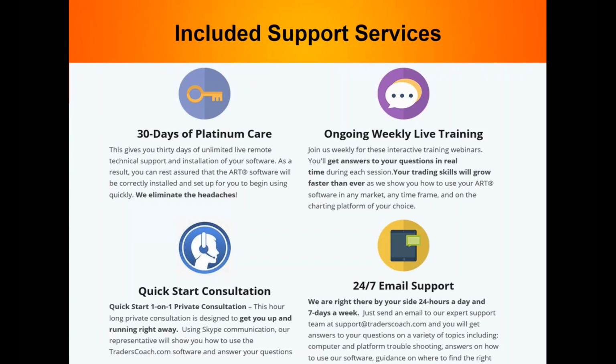And then we have a quick start consultation. The quick start is basically instruction you get when you first purchase the software. It's a one-on-one, hour-long private consultation where we go over how to use the software and make sure you've got it all set up.